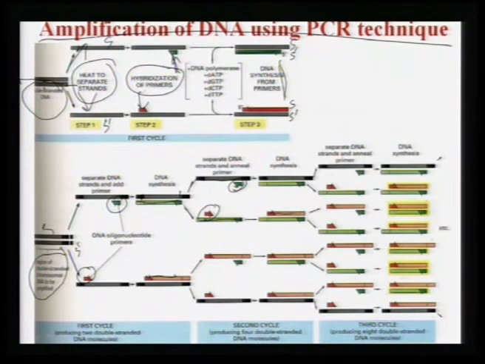So, again it will form another complementary strand here, and this process can be repeated, so that from one double helix of DNA you can end up having so many replicated DNA with that particular gene of interest. So, from this single DNA helix, the final quantity, the final number of this DNA would be much more, and that would be detectable, right.